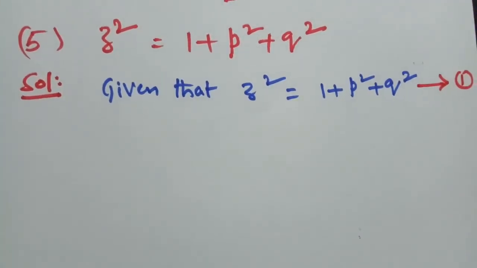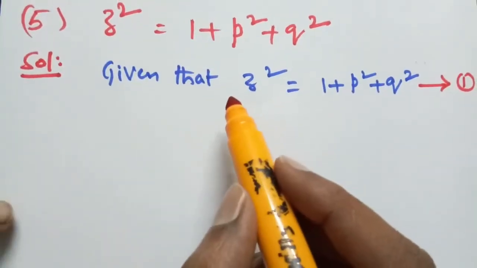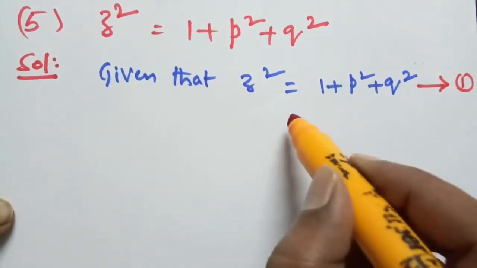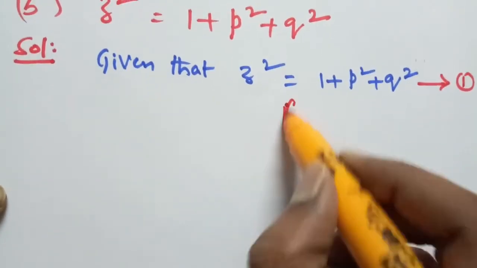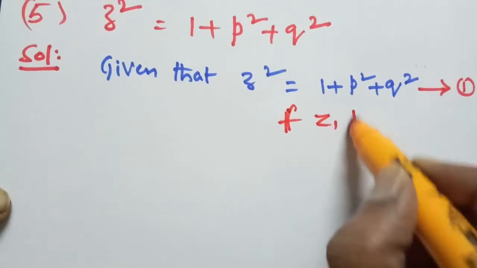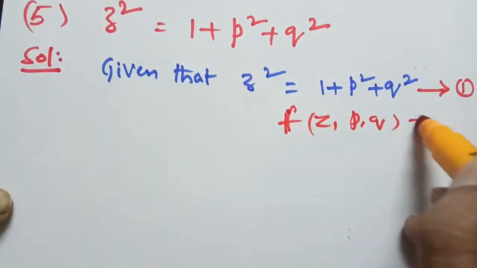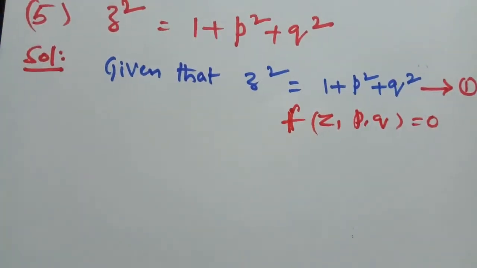This is of the form f of z, p, q equal to 0.